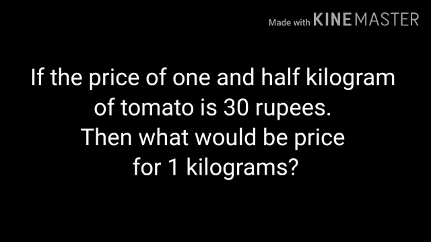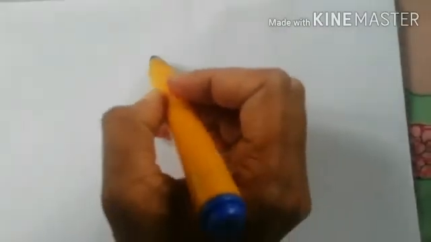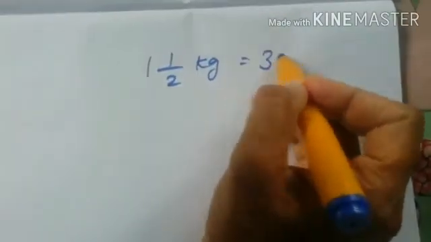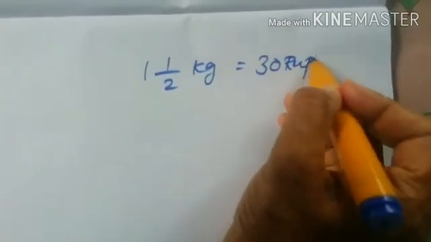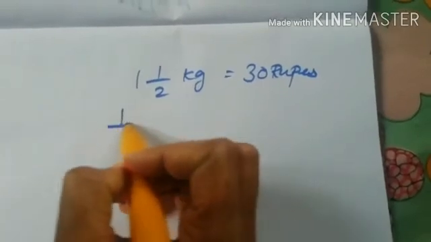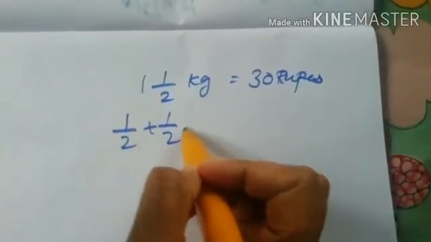If my question is: the price of 1.5 kilogram of tomato is 30 rupees, what is the price of 1 kilogram of tomato? We know that 1.5 kilogram of tomato is 30 rupees, isn't it? Then we know that 1.5 should be 3 times half.